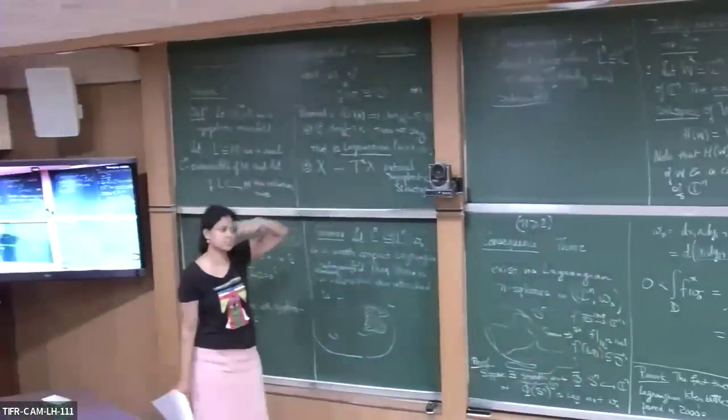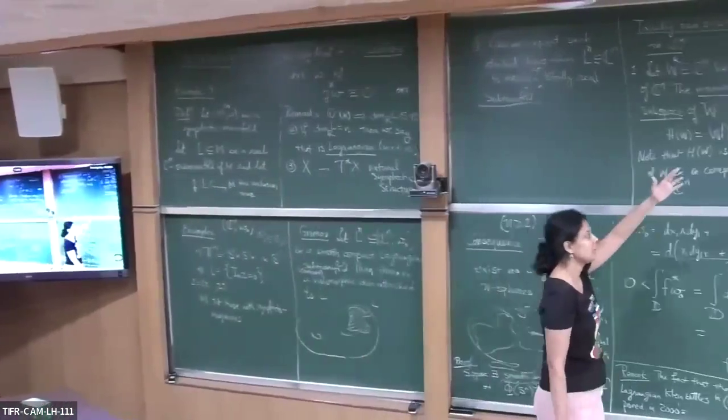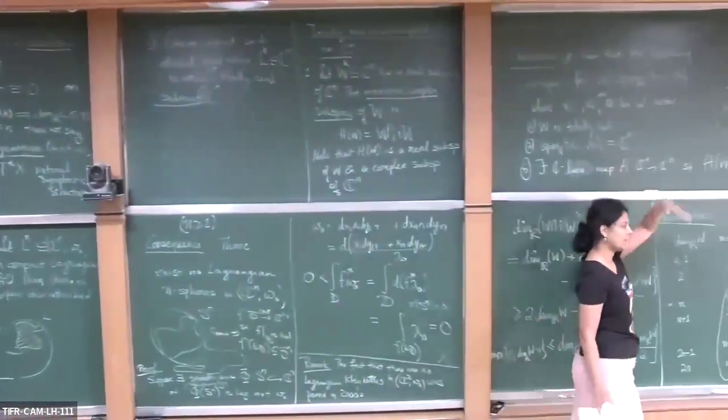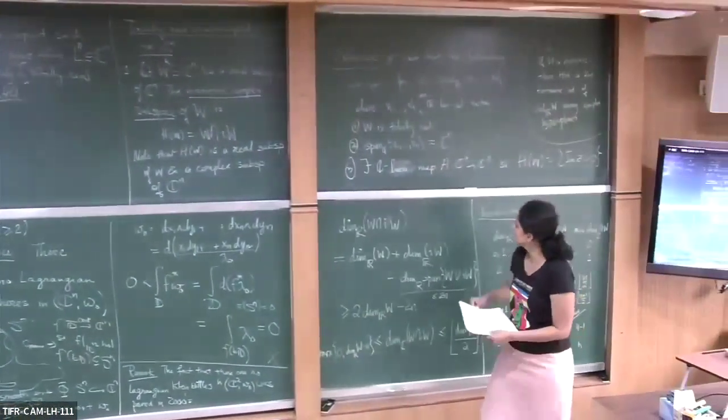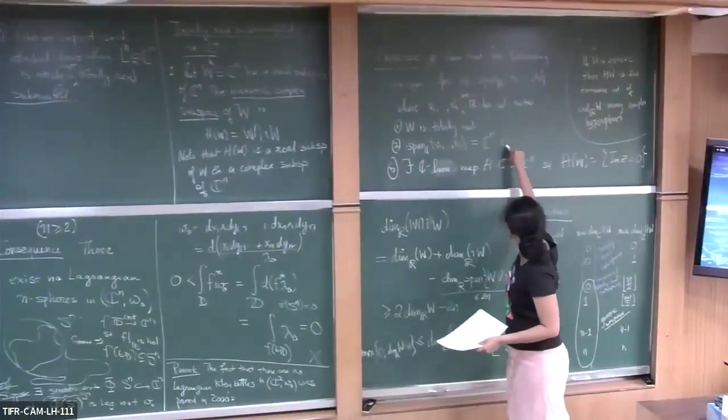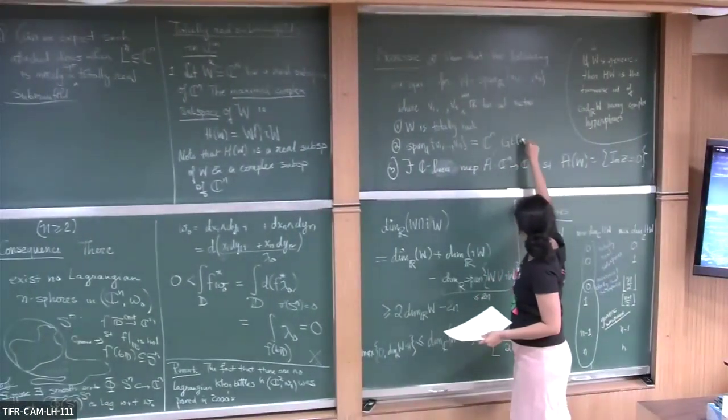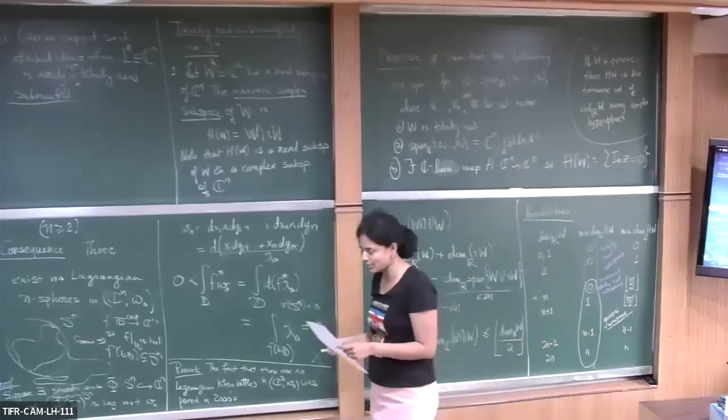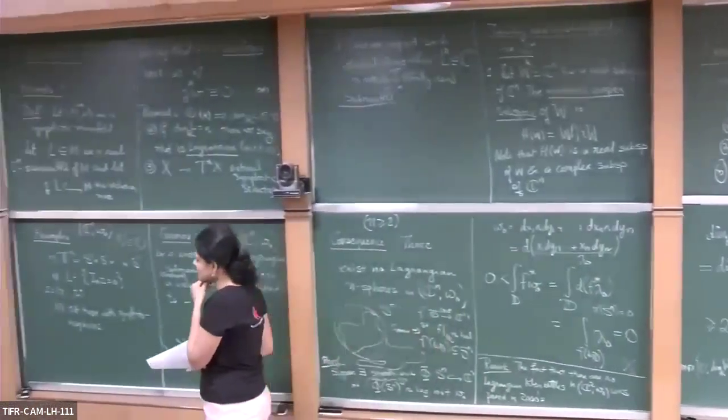So within the space of totally real planes, you have transitivity when you act by C-linear invertible maps, that is, GLn(C). So the action is transitive.